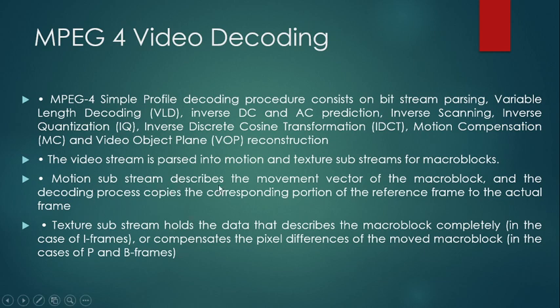The motion substream describes the motion vector of the macro block, and the decoding process copies the corresponding portion of the reference frame to the actual frame. The texture substream holds the data that describe the macro block completely in the case of an I frame, or the pixel difference of the moved macro block in the case of P and B frames.